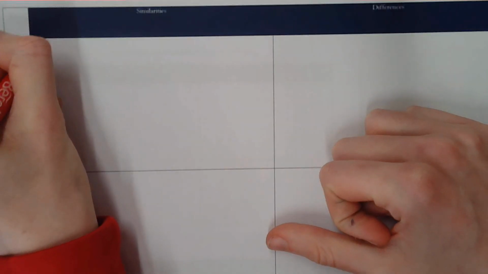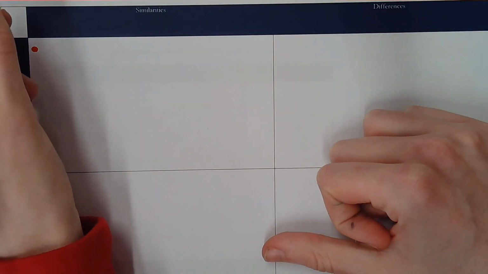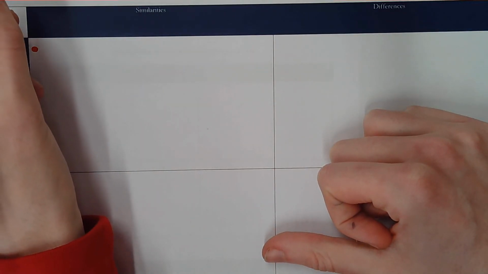Okay, so just let me get my pen. Okay, human geography. Right, I have the sheet in front of me. I know that religion is human geography, so I'm going to compare the two of those. So for human geography, there's a similarity.